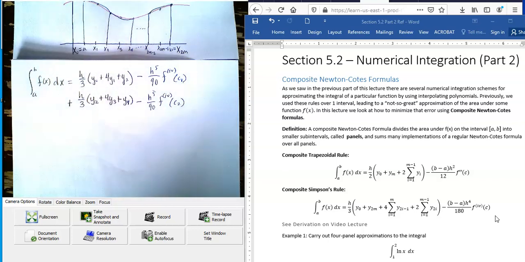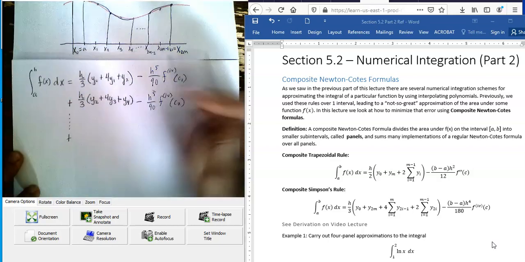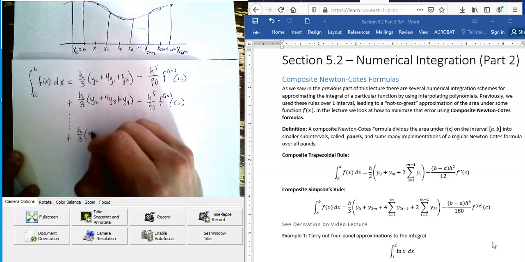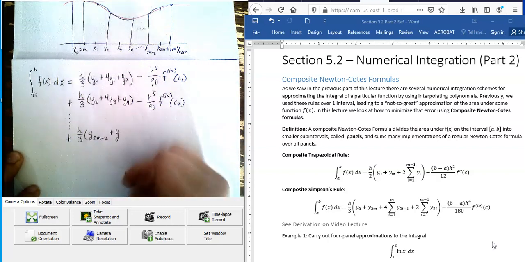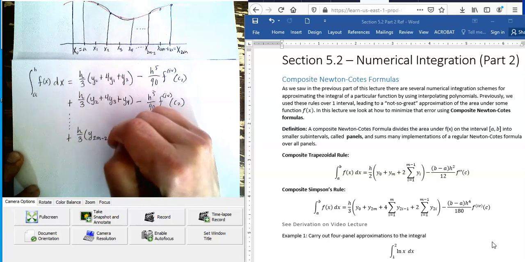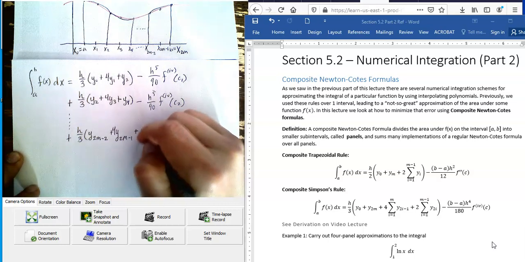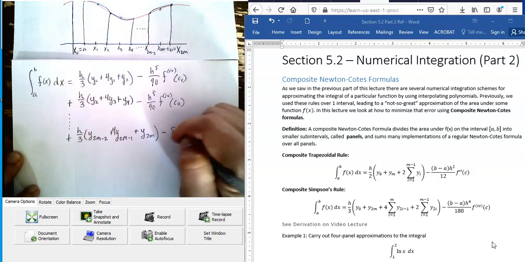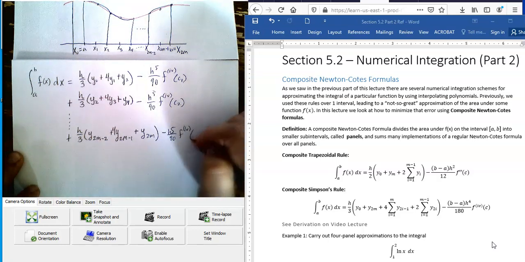So you can see that if we repeat that process, the very last panel that we have will be h over 3 times y sub 2m minus 2 plus 4 y sub 2m minus 1 plus y sub 2m, minus the error term there, which would be h to the 5th over 90 f quadruple prime of c.